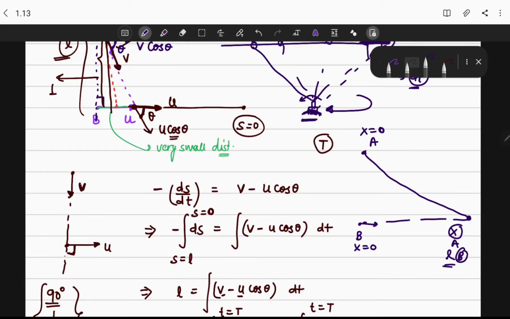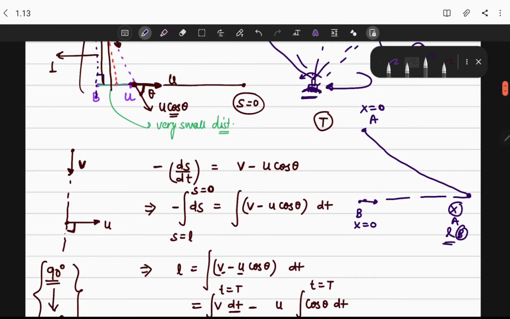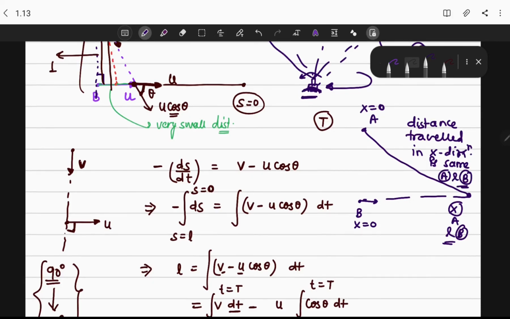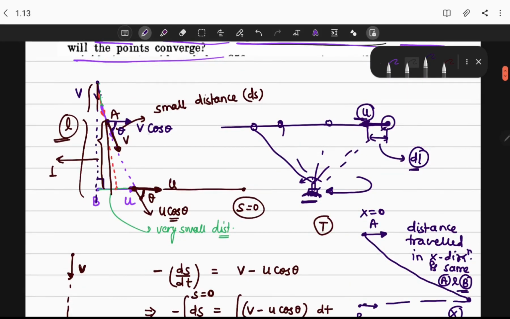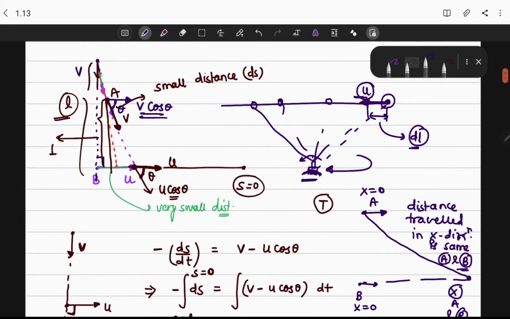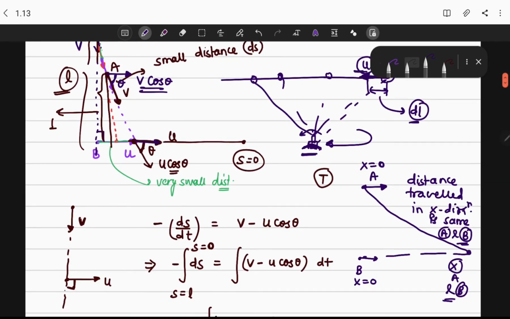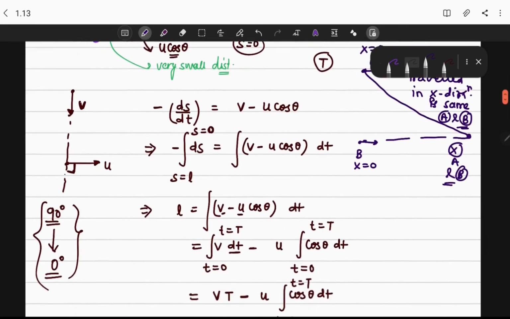What does that mean? The meaning of this is that the distance traveled in the x direction is the same for both A and B. So what is the component of A in this direction that we have seen here? This is v cos theta, and the velocity in this direction for B is u.